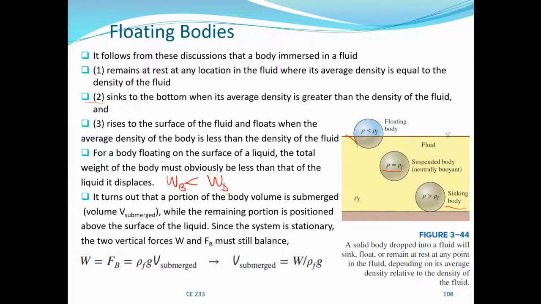Because if you look at this, the weight of the liquid it displaces is only this volume. This is the volume of liquid displaced, while the volume of the body is more than the volume of the liquid displaced.